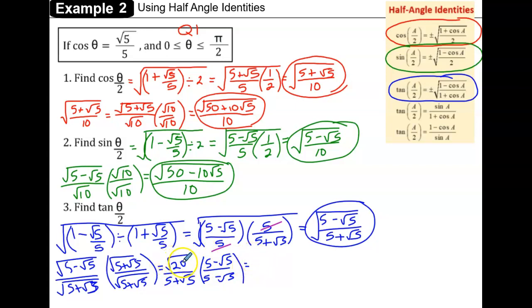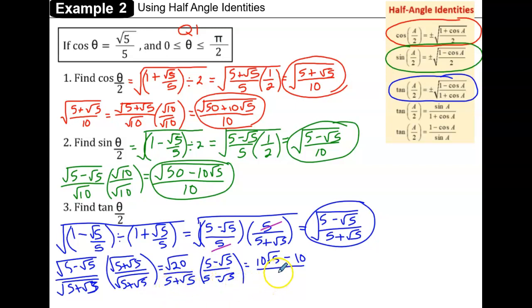The square root of 20 is 2 root 5, and so that would be a 10 root 5. And then square root of 5 times the square root of 20 is the square root of 100, which is 10.